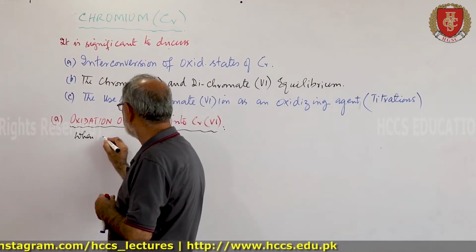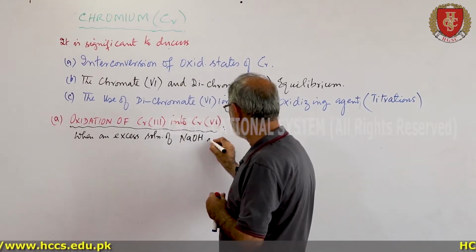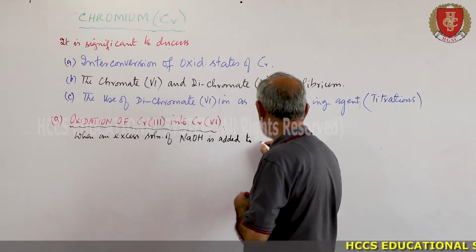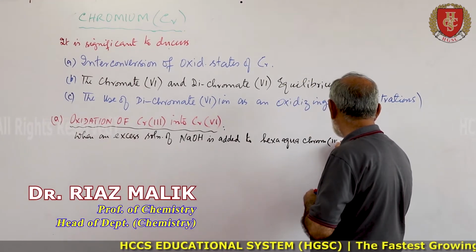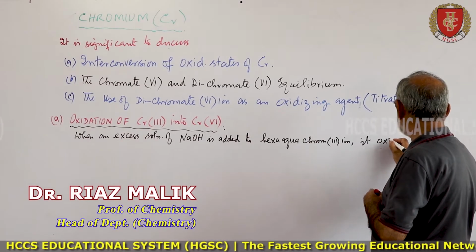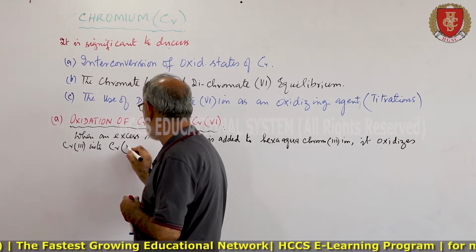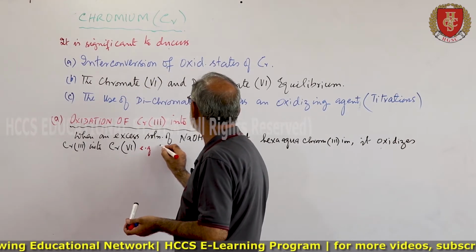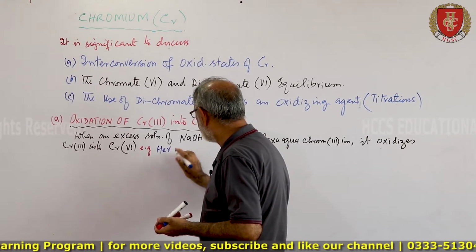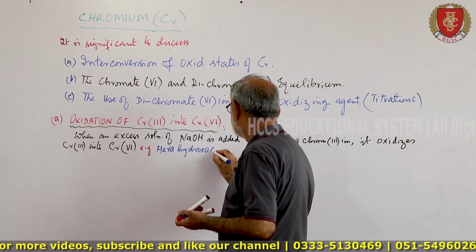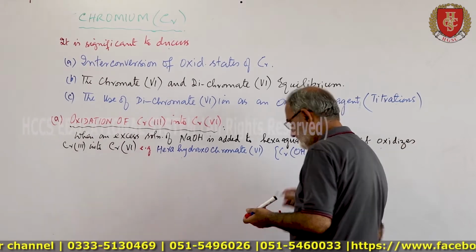When an excess solution of sodium hydroxide is added to the hexaaqua chromium 3 ion, it forms hexahydroxo chromate, [Cr(OH)6] 3 minus.